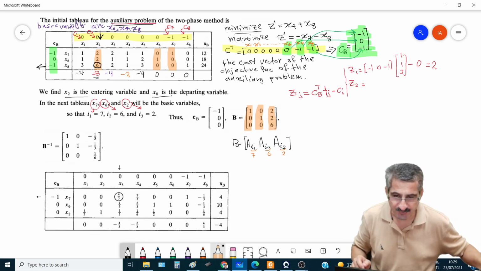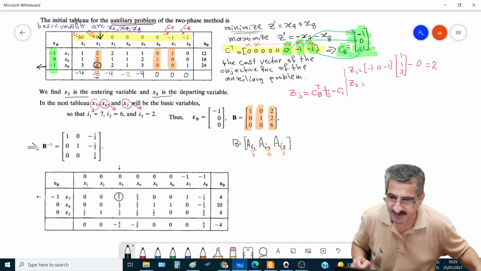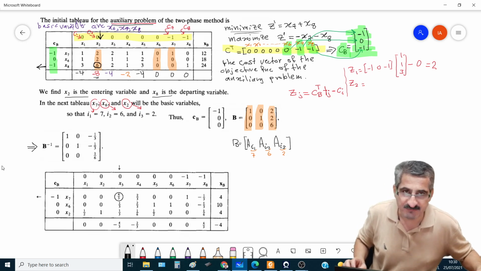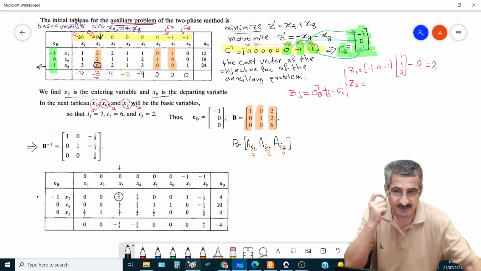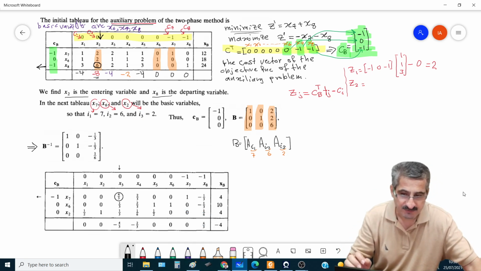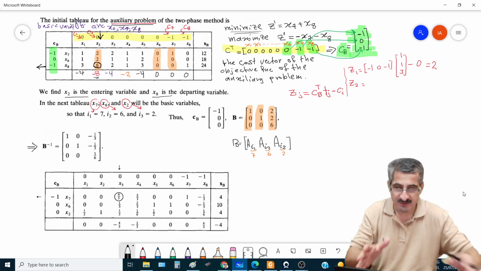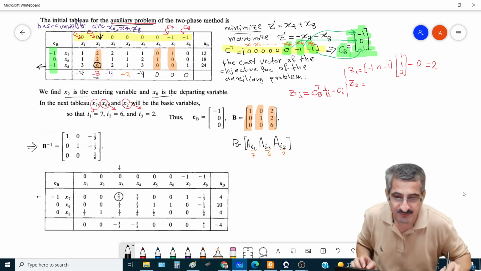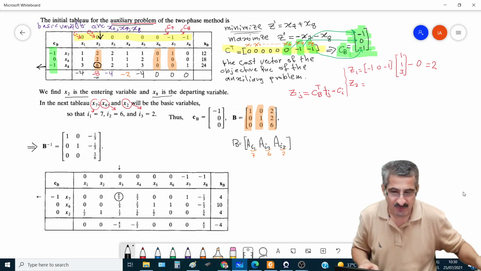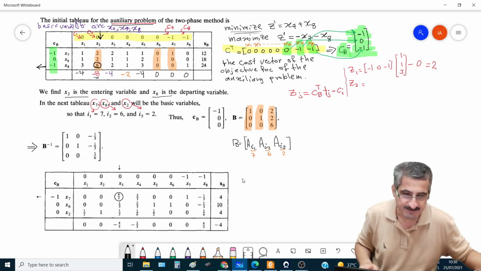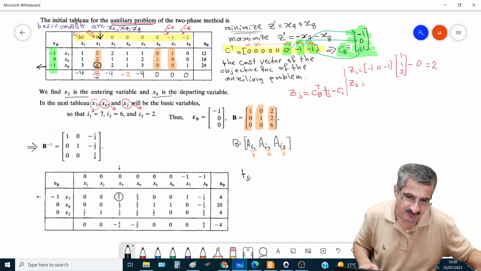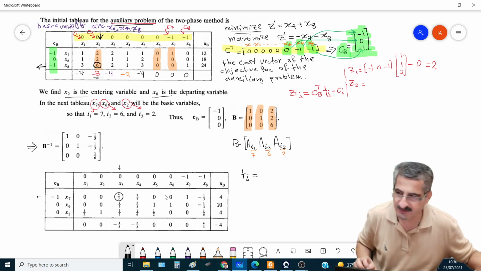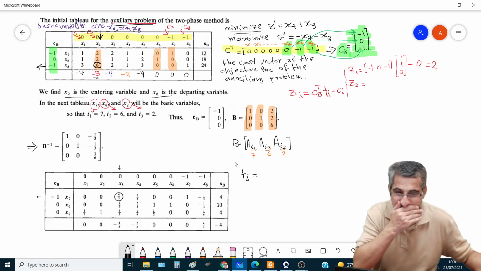And therefore, we obtain B inverse. What do we need B inverse for? Now, remember that to compute the new table, the columns of the new table, we will use what? Tj equals, who tells me? Do you remember how I use B to compute Tj?